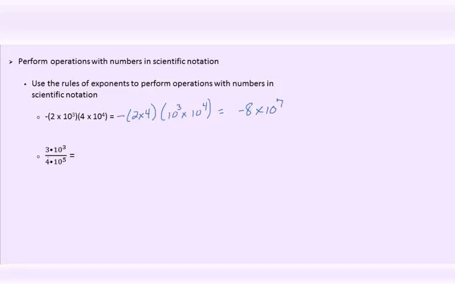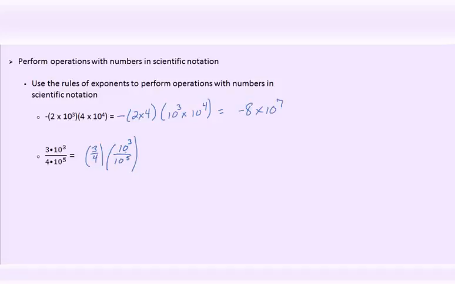In our second example, we have 3 times 10 to the third power divided by 4 times 10 to the fifth power. Once again, our values are written in scientific notation, so we can separate our 3 and our 4 from our powers of 10. We have 3 divided by 4 multiplied by 10 to the third power divided by 10 to the fifth power.